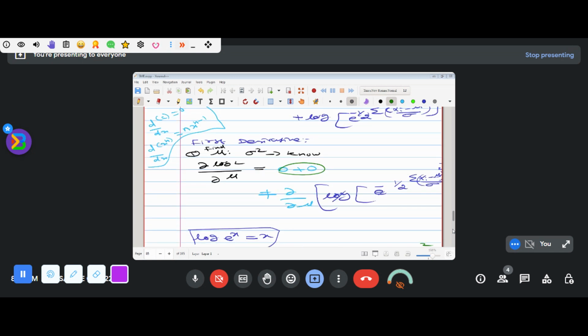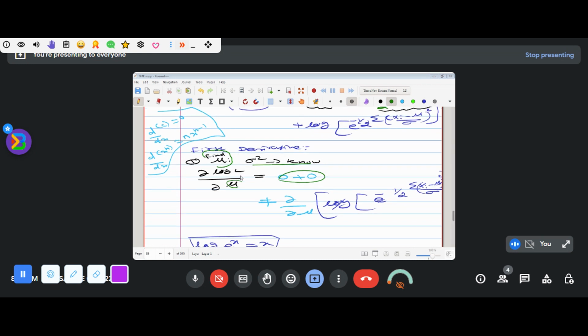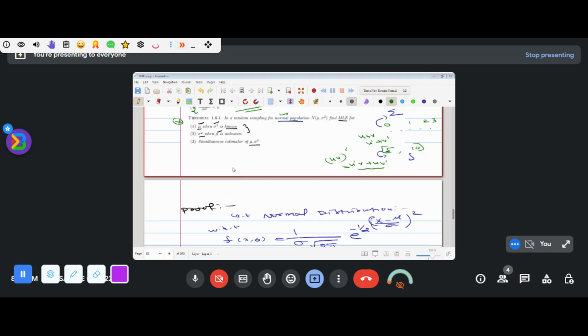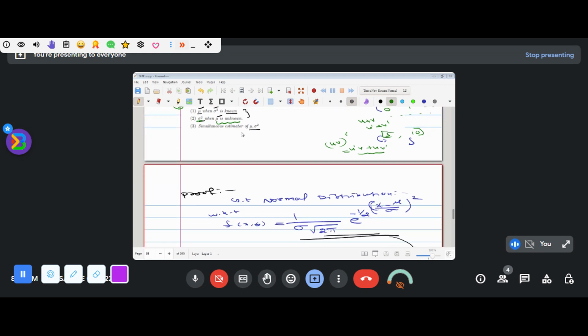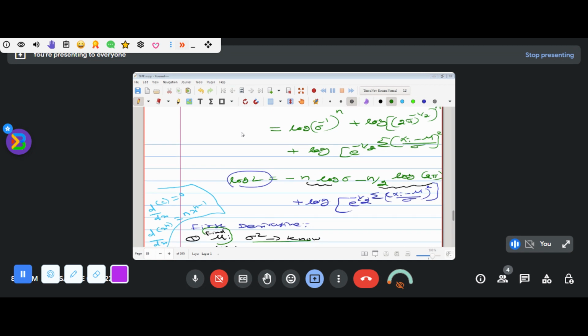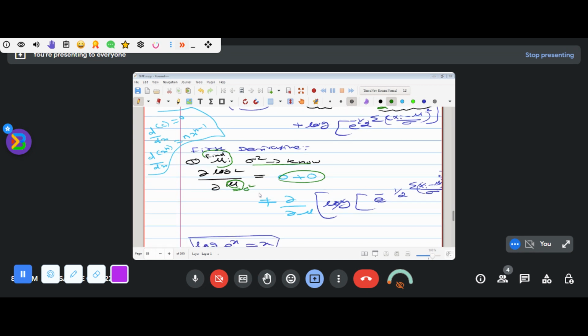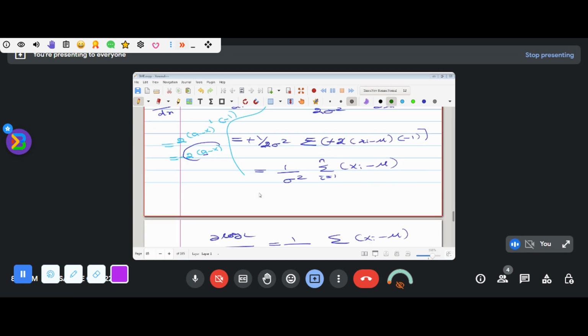We wanted to find mu when sigma squared is known. Now the second part: find sigma squared when mu is known. It is the same process, but here the derivative is with respect to sigma squared instead. I move to the second part.